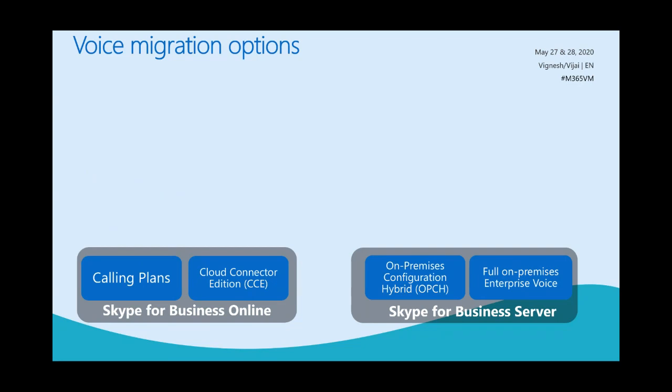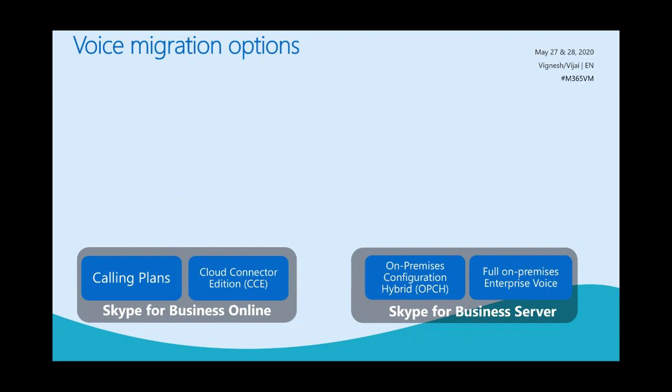In your Skype for Business online, you could be having the Microsoft calling plans, where you buy a phone system and then attach a calling plan to it. Or you could be having the Cloud Connector edition. That is a VM setup where you could have a partial setup of Skype for Business or Lync server on premises, not a full-fledged setup.